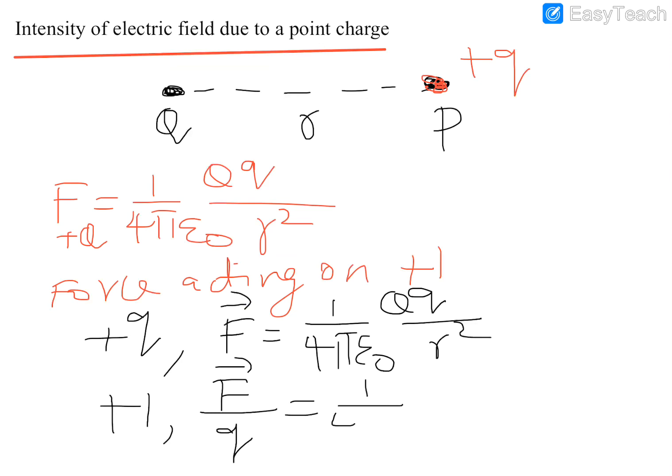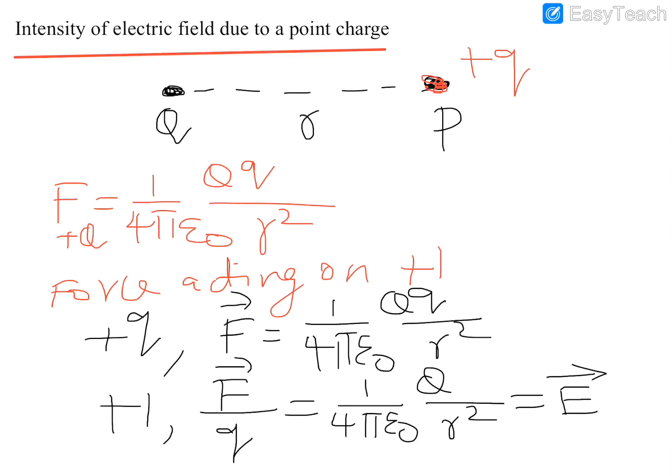So that will be 1 by 4 pi epsilon 0 Q into q divided by r square, and you are dividing with the small letter q. So the small letter q in the numerator will get cancelled with the small letter q in the denominator. So you will get Q by r square. Here you can see this total force by q is defined as electric field intensity.